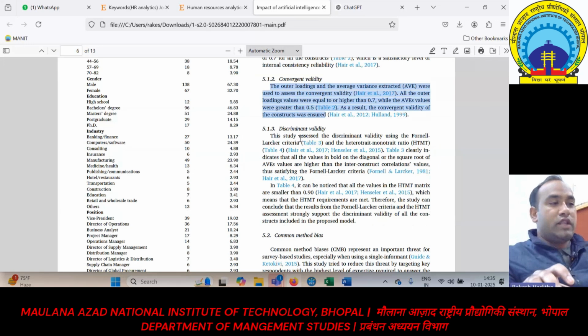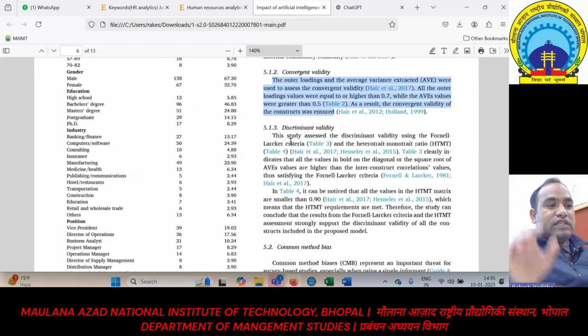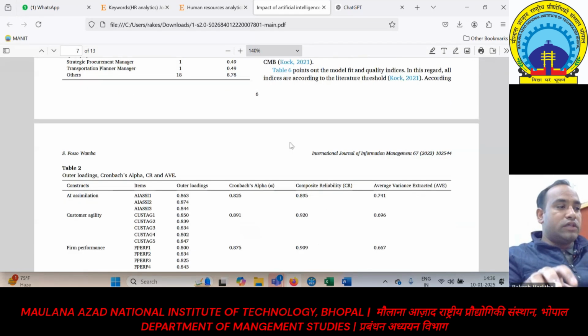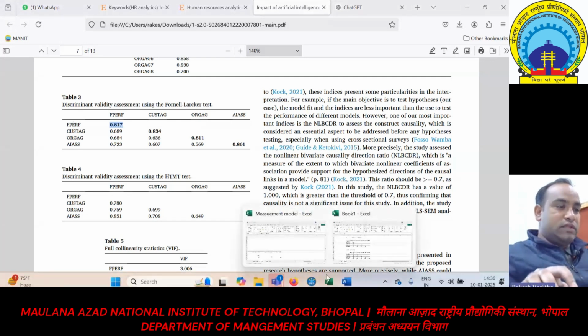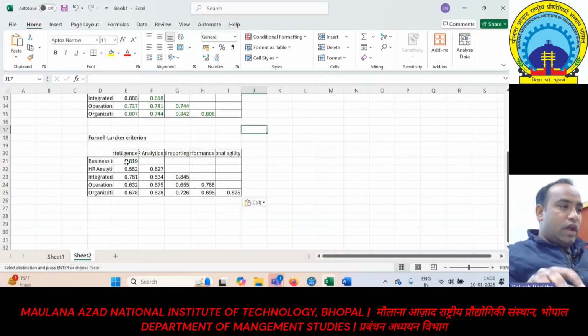In discriminant validity, the study assessed the discriminant validity using the Fornell-Larcker criteria and the HTMT matrix. For the Fornell-Larcker criteria, the diagonal value should be the square root of the AVE of that particular construct. Here they have highlighted in bold the square root of that particular construct, which means we also have to highlight that one.